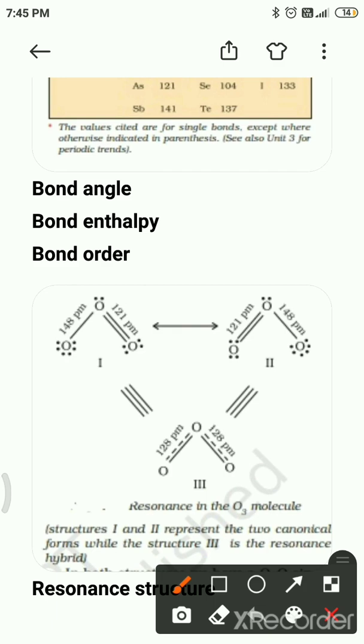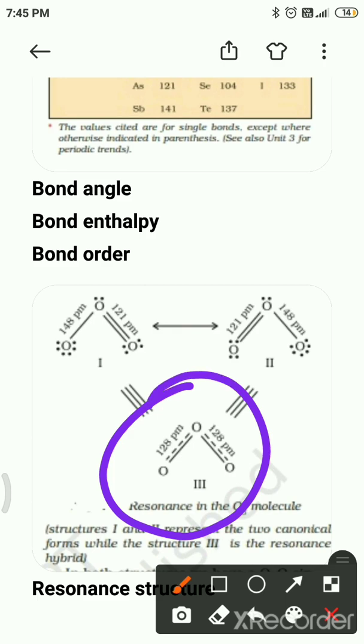Here, if you take the experimentally determined structure, the oxygen to oxygen bond lengths in the O3 molecule are the same. Both are 128 picometer.